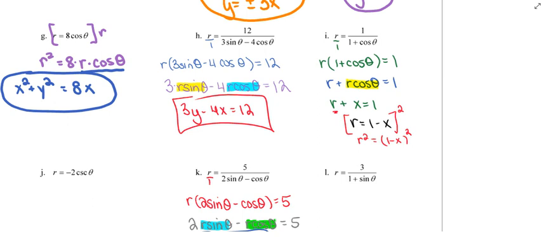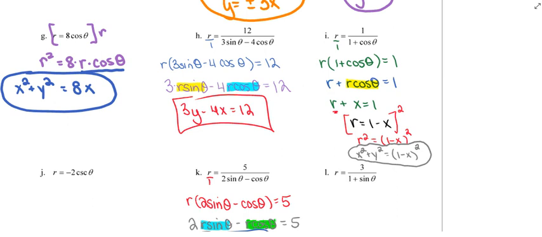And now I can replace my r squared with an x squared plus a y squared. No need to FOIL out what you have on the right. We've now replaced all the r's and thetas with x's and y's, which was our end game, our ultimate goal. We can put a ring around it and call it done.